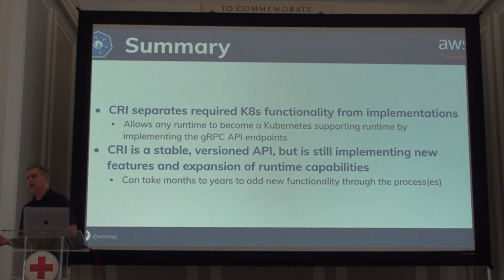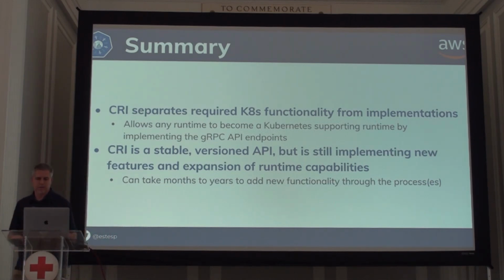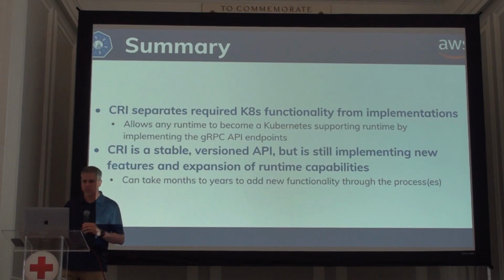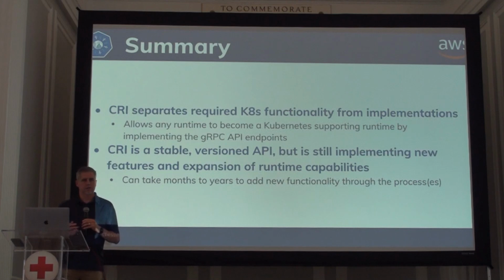It is a stable and versioned API, and like I said, the core of it has not changed much in 7 years, but there are new features and expansion of features based on the runtime capabilities that people need at the higher layers of Kubernetes. Sometimes that can be years of getting through that process and getting all the relevant runtimes to support that feature as well. Hopefully that gives you a little more detail on CRI, a little bit about the history of OCI and standardization of runtime capabilities at the CRI layer.